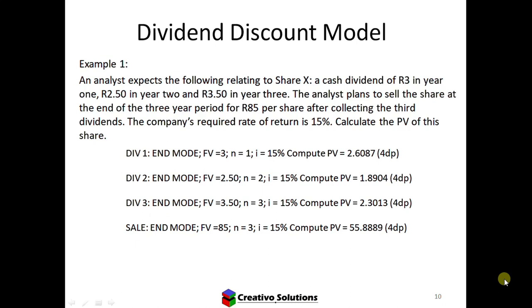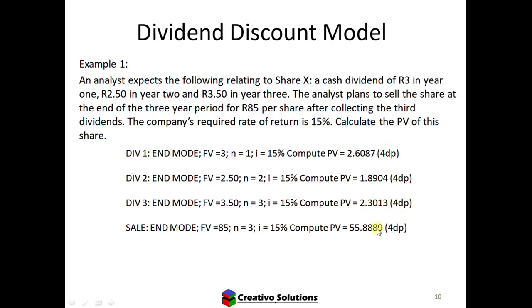Right, so I've done that for each and every one of those dividends. You can see dividend 2, which was the 2 Rand 50, you've discounted that back, so your future value, discounting it back to get the present value, is 1.89. Then you've got dividend 3, which you're going to be discounting back in time to get 2.3013.